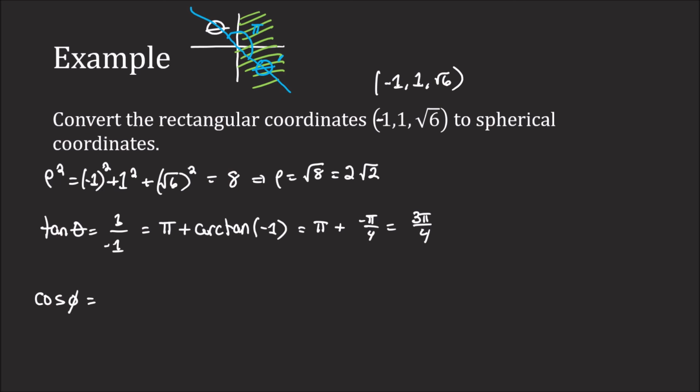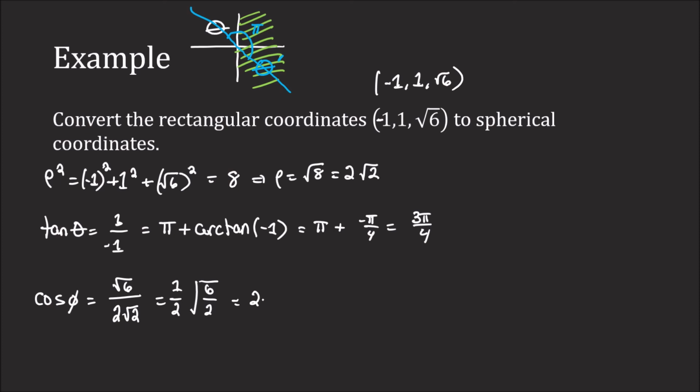Finally, cosine of phi is given by z over the square root of x squared plus y squared plus z squared. Notice that's just going to be rho. So we get 2 times the square root of 6 over 2, a half times the square root of 6 over 2.